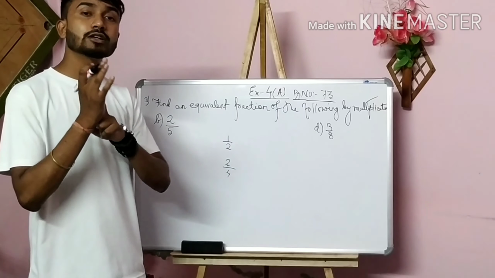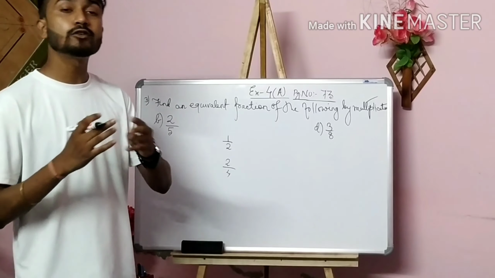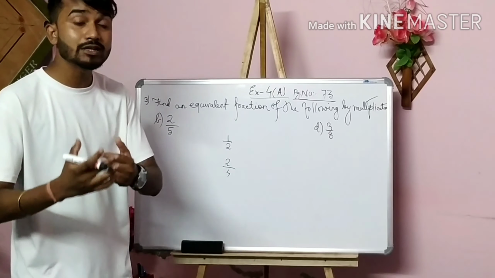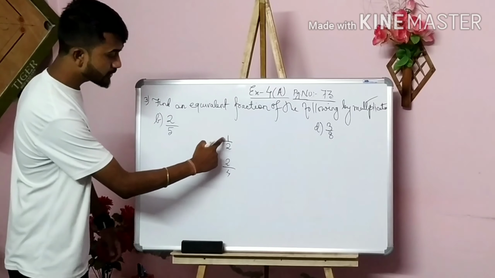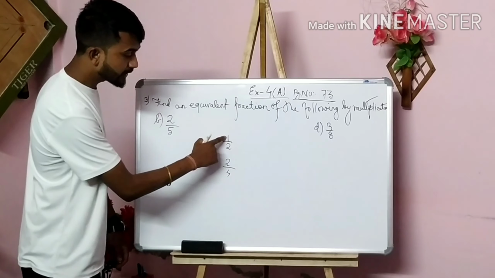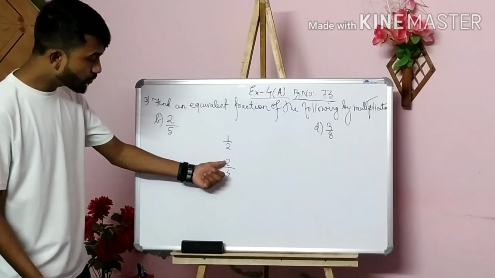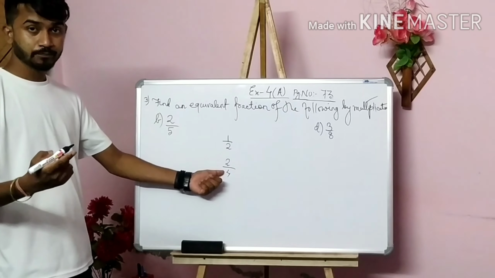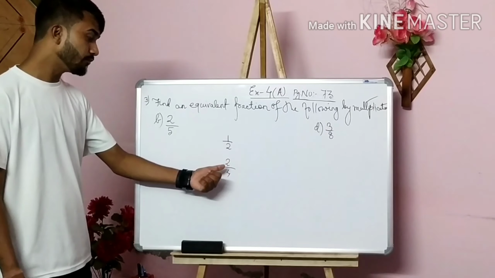So I am going to say the condition for which they can be said to be equivalent. Any two, three or more fractions can be said to be equivalent. So what is the condition behind it? See, 1 by 2 cannot be divided further, but 2 by 4 can be divided. How? Take any number that will divide 2 and that will also divide 4.